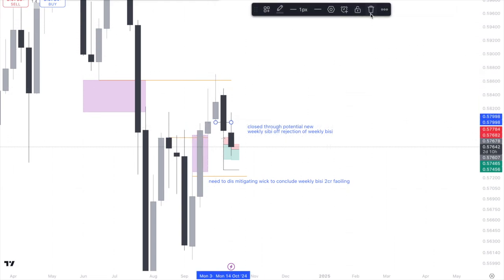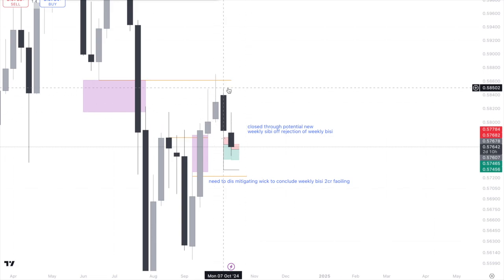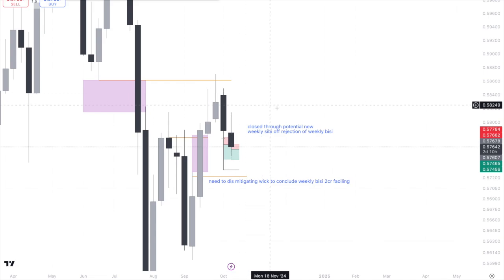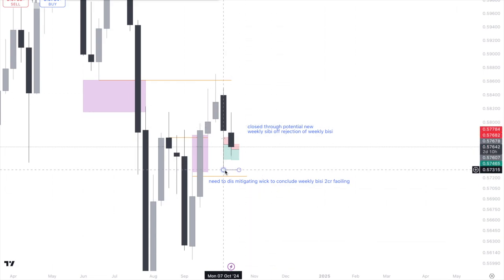Now, it has not gone on to fully disrespect this 2CR, and it's not traded towards this high. Instead, this high has been respected, but at the same time, this low is also still being respected, as we have not traded to that.